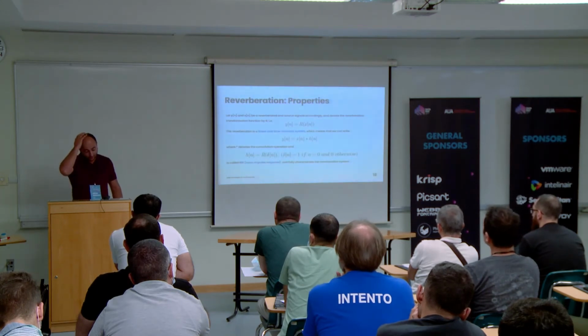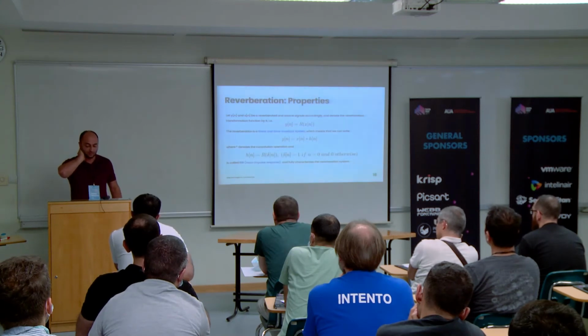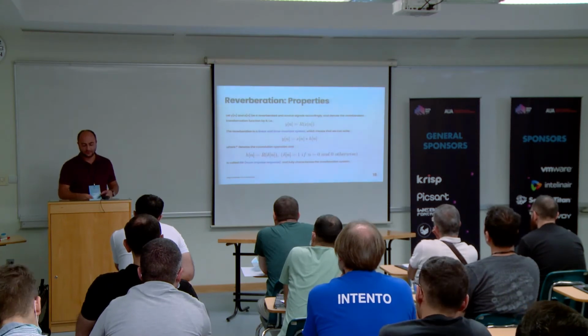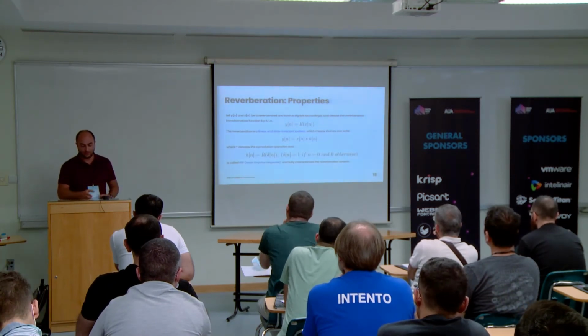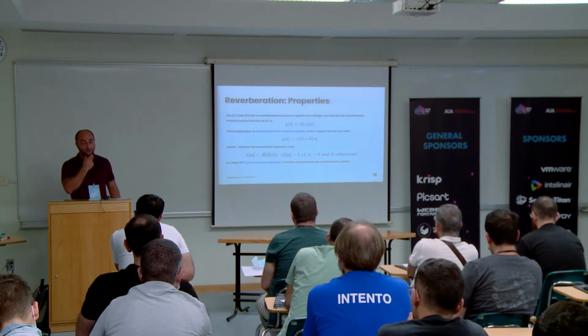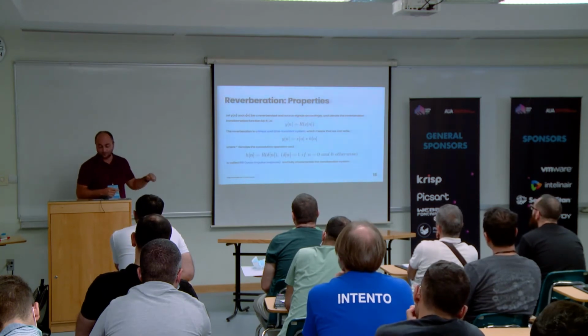Let's quickly recall the properties of reverberation. We know that it is a linear and time invariant system, which means that we can represent the reverberated signal y[n] as a mathematical convolution of the input signal x[n] with a special signal called the room impulse response. Below you can see the definition of room impulse response.